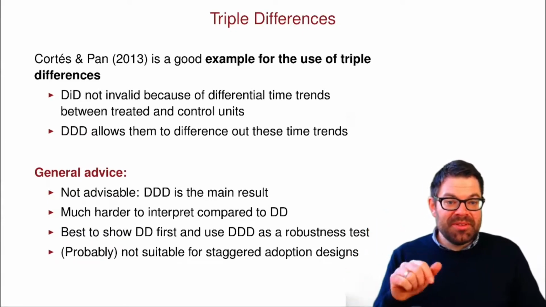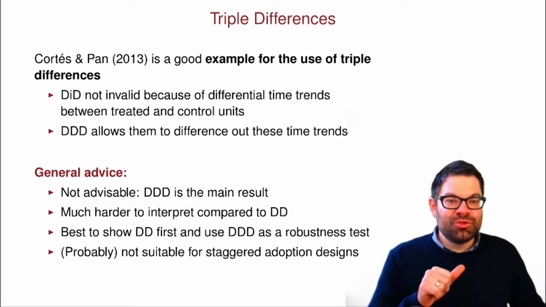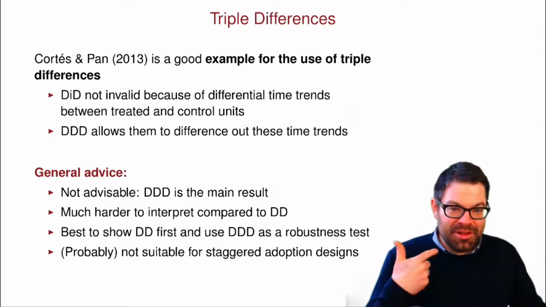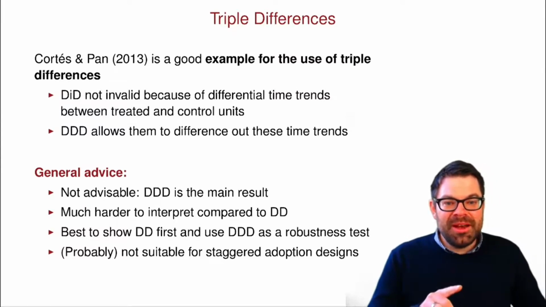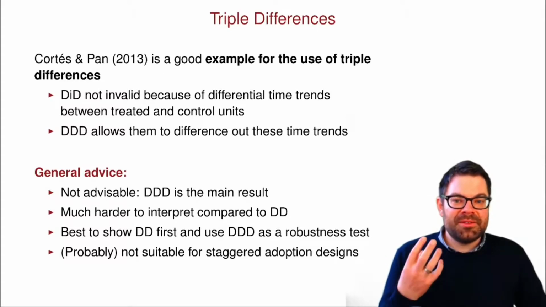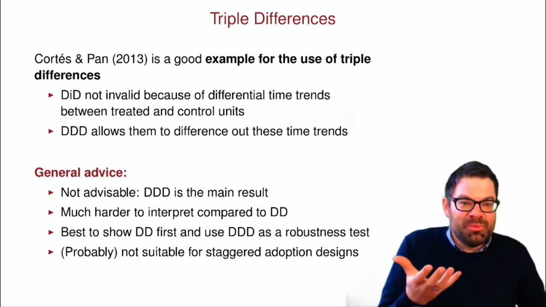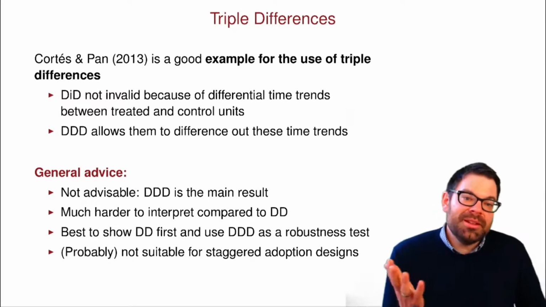So triple differences is, if you do difference in differences, always an ace you should have up your sleeve and that you should think about. But once again, I do not advise that you use it as the main result unless you do such a good job as Cortez and Pan. So if you manage to do this in a convincing way that others immediately understand what you're doing, well then by all means do it.